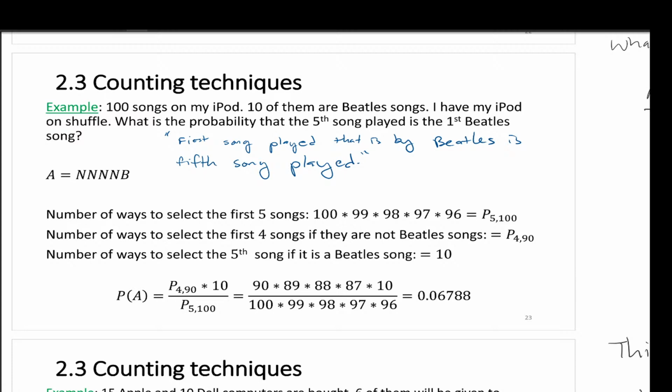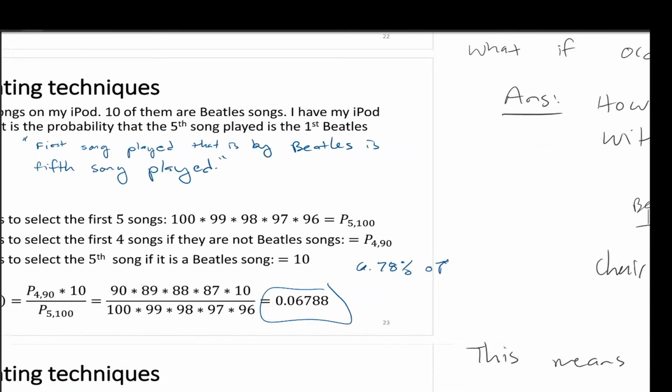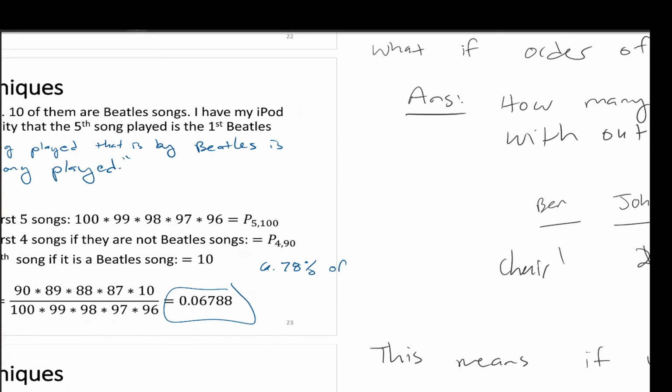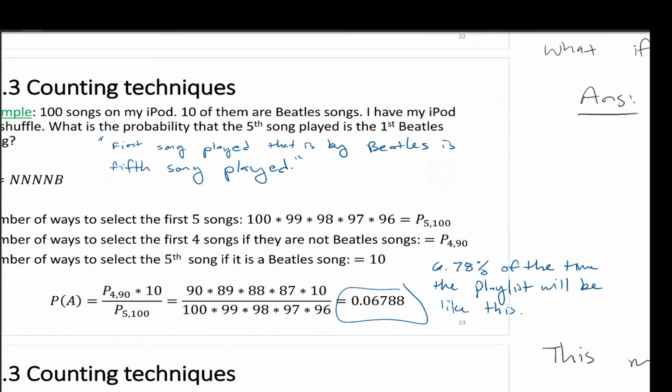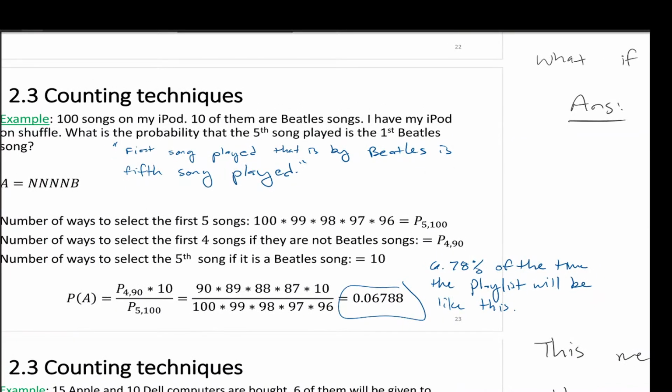So it only happens about 6.78% of the time. 6.78% of the time the playlist will be like this. And by that we mean non-Beatles, non-Beatles, non-Beatles, non-Beatles, and then Beatles.